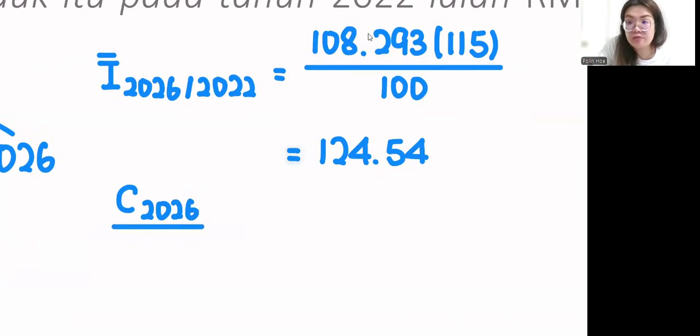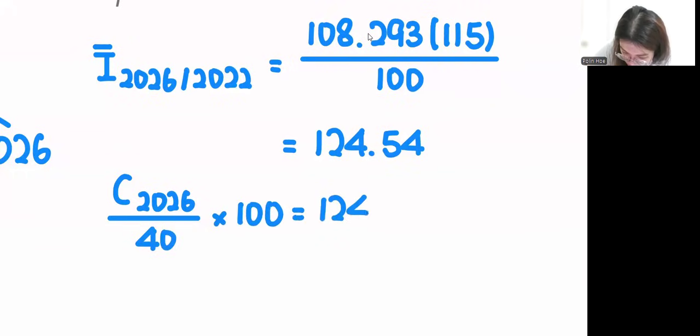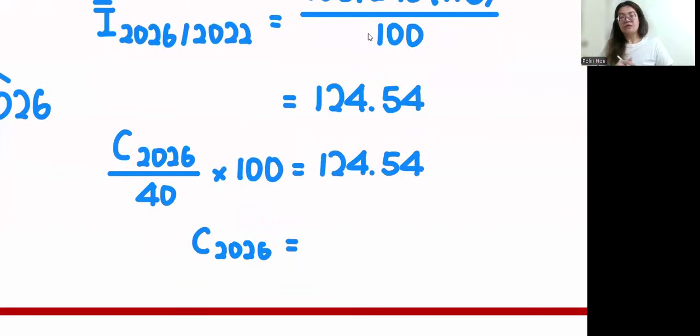If you are not familiar with this, you use P. 你不会你就写 P. 只是 inside your mind, you need to be very clear that we are talking about the cost. 我们在讲这是成本啊。40。So the cost in 2026 is 49 ringgit and 82 cents.